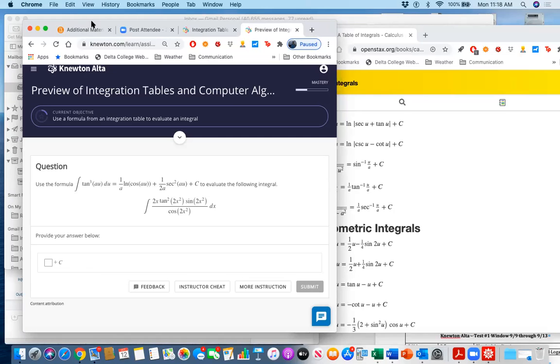And we're evaluating this messy integral. It's got a whole bunch of stuff in it. A tangent squared, a sine, a cosine. Well, first things first, what is sine over cosine?